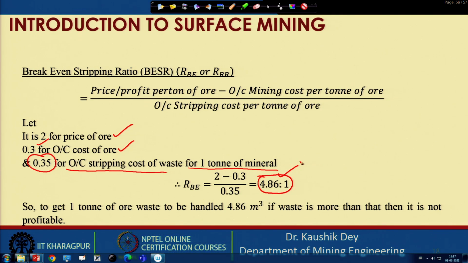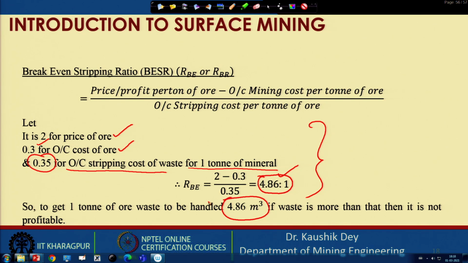Now, what it is showing is that if our stripping ratio is further increased, our open cast mining will remain in profit unless and until the stripping ratio increases beyond this value.